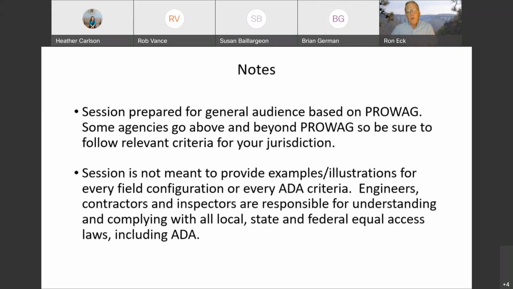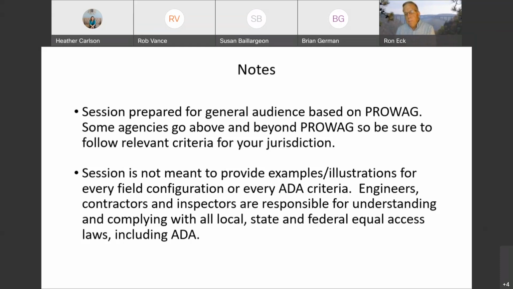Just some disclaimers or notes to start. I've prepared this session for a general audience, as the slide says, based on the Public Rights-of-Way Accessibility Guidelines, PROWAG. I realize some agencies go above and beyond PROWAG, so be sure to follow the relevant criteria for your jurisdiction.